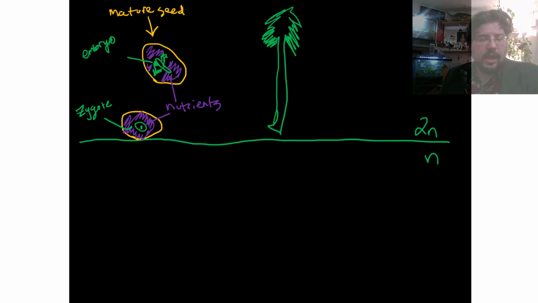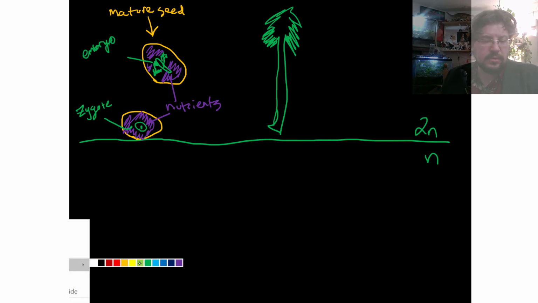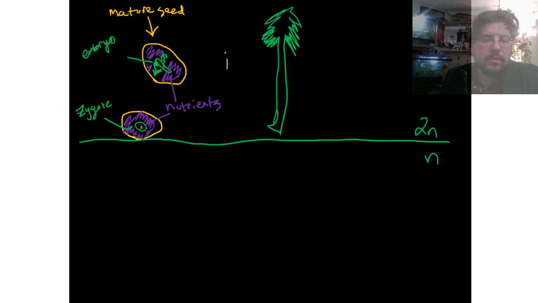Alright. And then our seed germinates, and we get our little seedling. Oh, look, it's a little bitty seedling. There's like a branch.